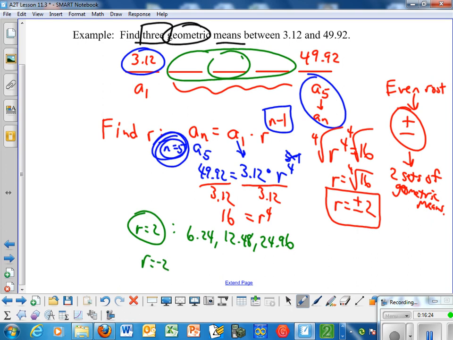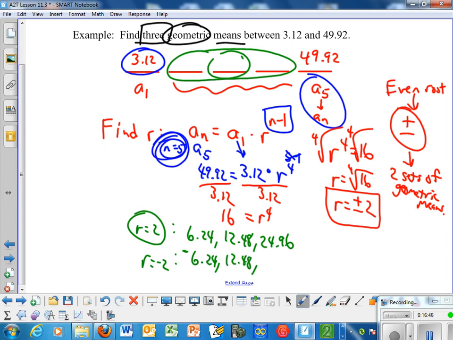But now I have to do negative 2. And the only thing that really changes, and again, this is only when you have an even numbered root, okay, multiply by negative 2, then this one is going to be negative. Okay, it's still going to be the 6.24, but now if I take negative 6.24 times negative 2, this one is still going to be a positive, just like in my first set of answers.